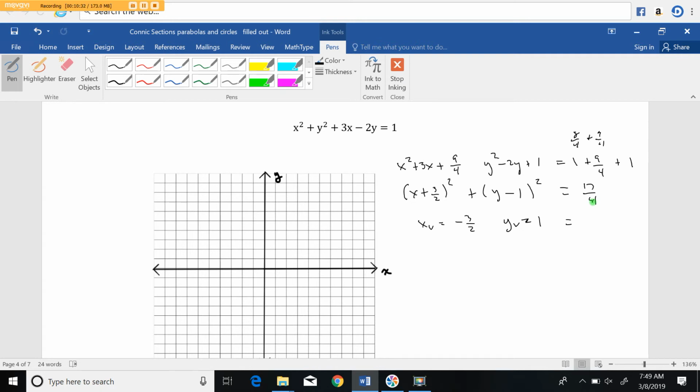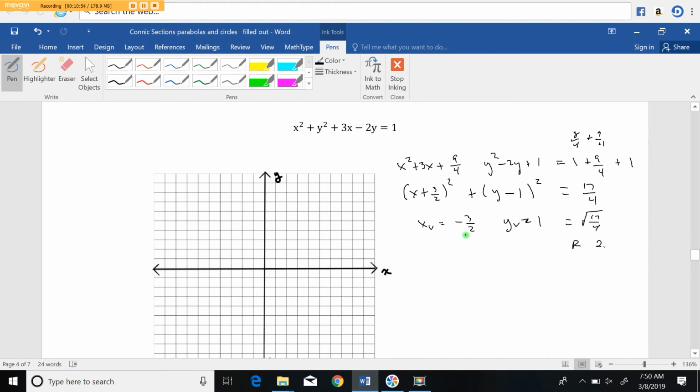Nope, I don't have my calculator. All right. So 17/4 is 4.25. I'll just put square root of 17/4. And this is going to be a little bit more than 2. Okay, this value here, the radius, is just a little bit bigger than 2. I don't have a calculator here to give me that value, but that's all right.